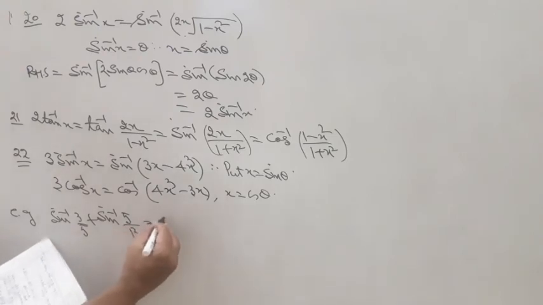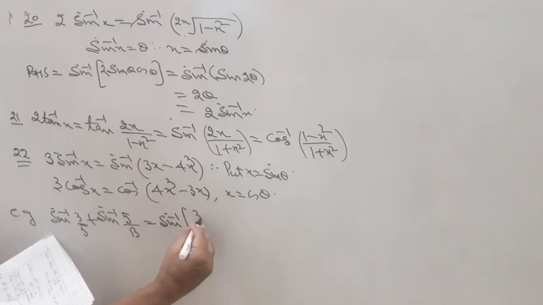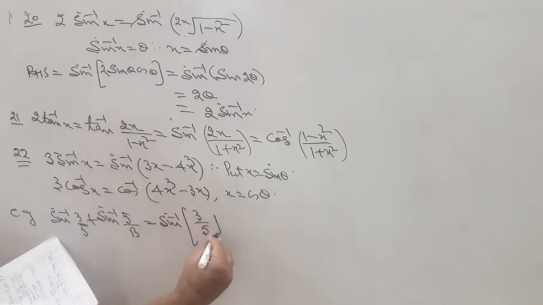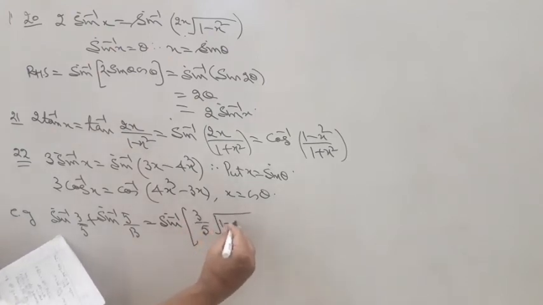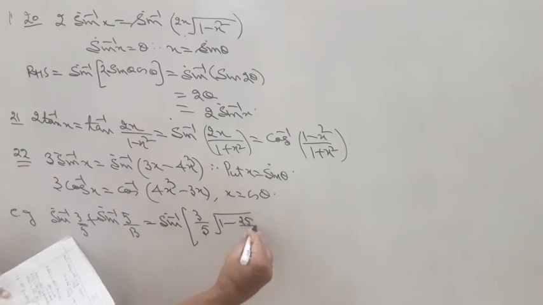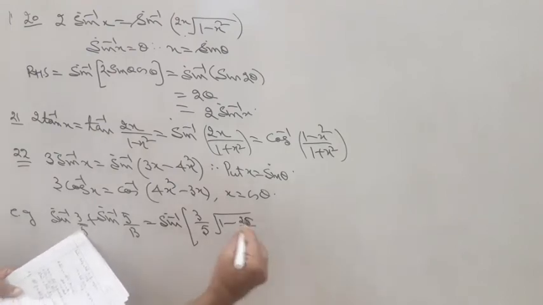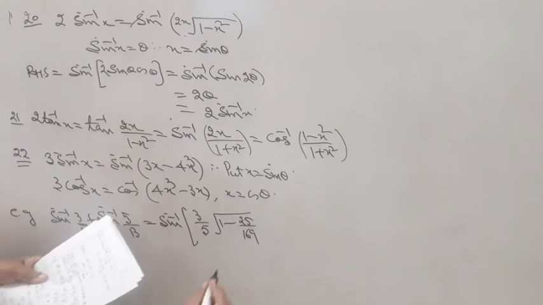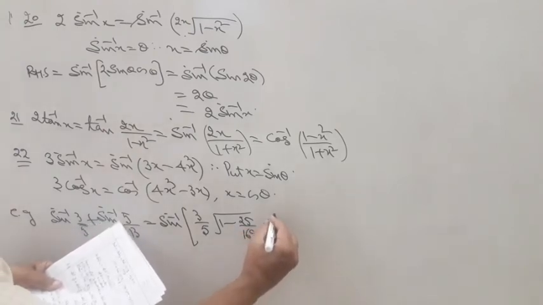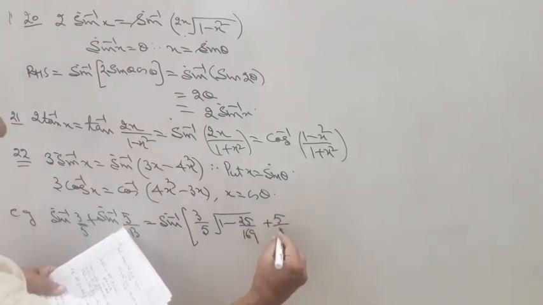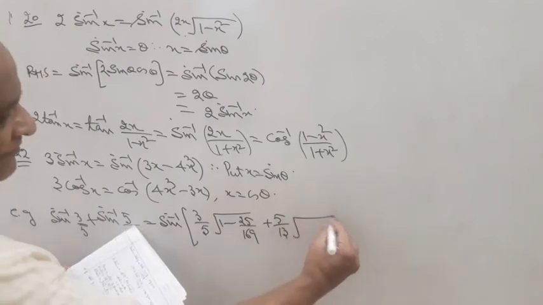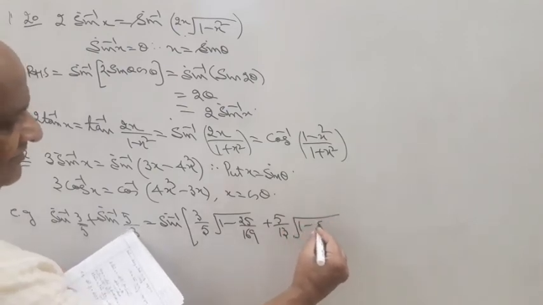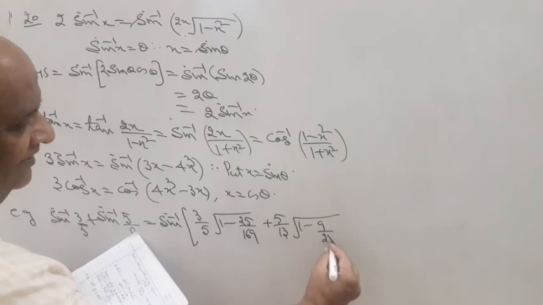I apply the property: sine inverse of 3 by 5 under root of 1 minus 25 upon 169 plus 5 by 13 under root of 1 minus 9 upon 25.